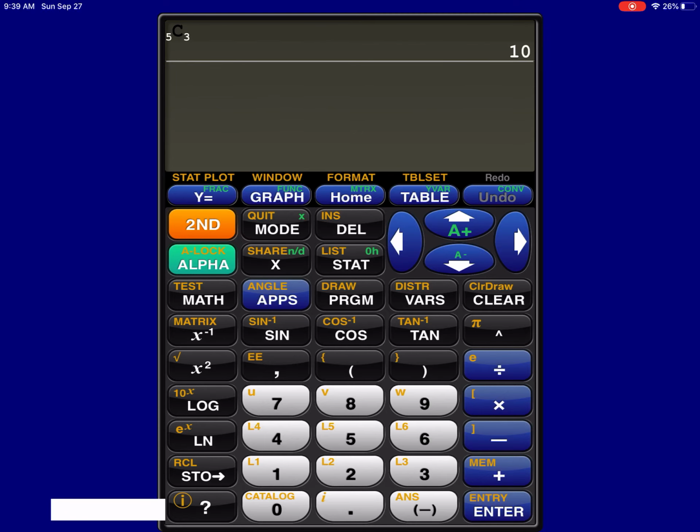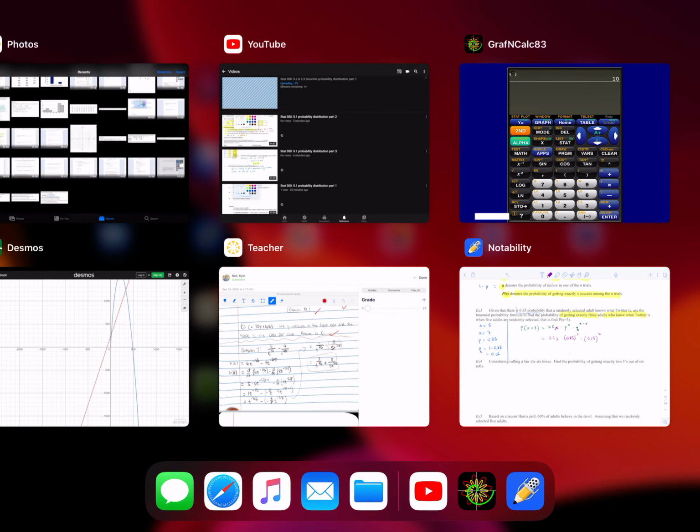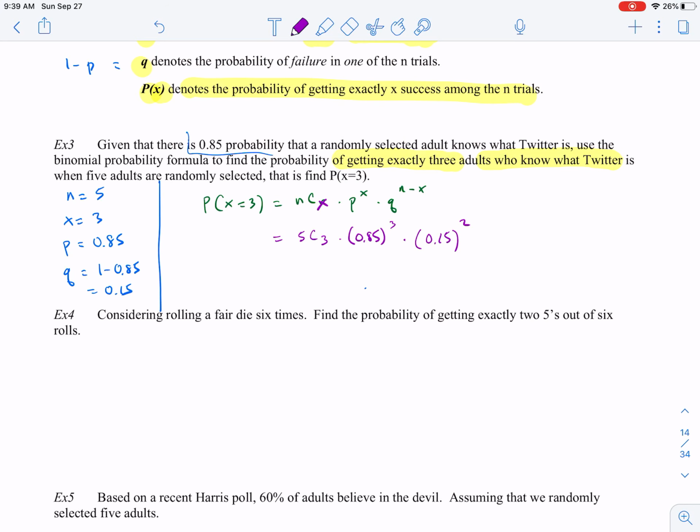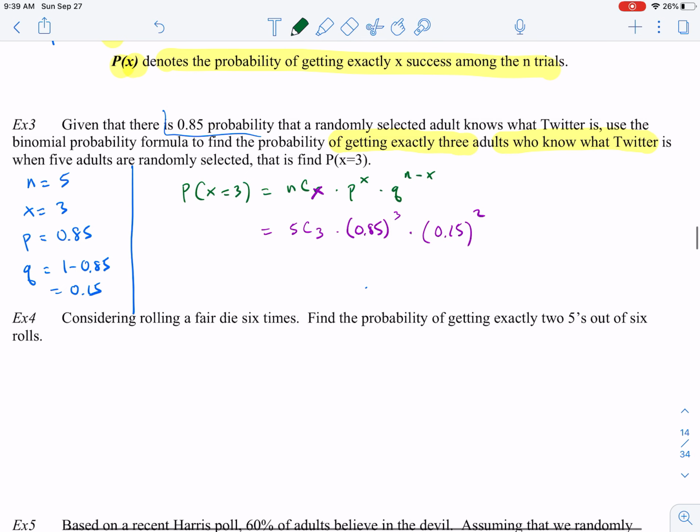That gives us 10 possible ways of getting exactly 3 out of 5 that know what Twitter is. So we can say 10 times 0.85 to the third times 0.15 to the second, and we crank this into our calculator, and that should give us about 0.138, so 13.8%.